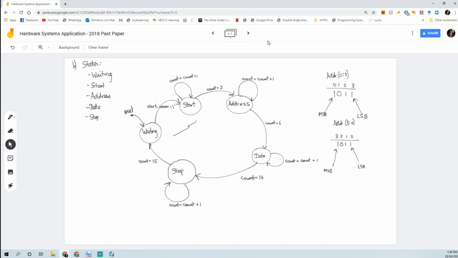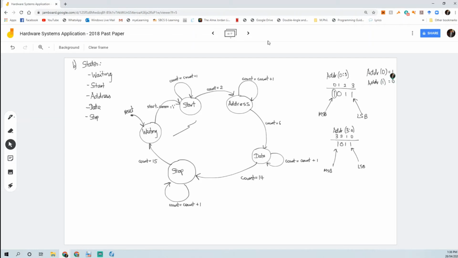All right, so let's see how this differs. Well, in this case here, address 0 refers to this bit. Address 1, so that's that first one there.